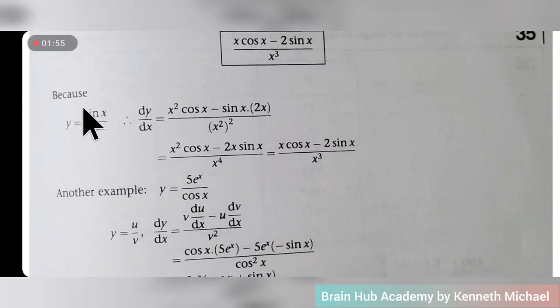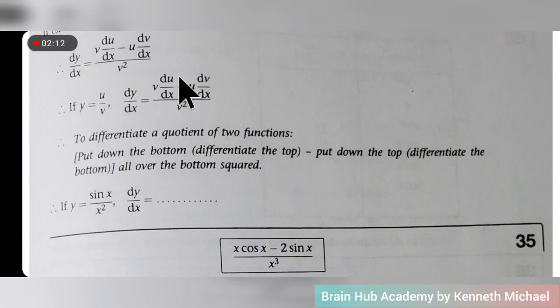Of course, the upper one will be our u, the denominator will be our v. The quotient rule says: keep v, differentiate u, minus keep u, differentiate v, all over v square.